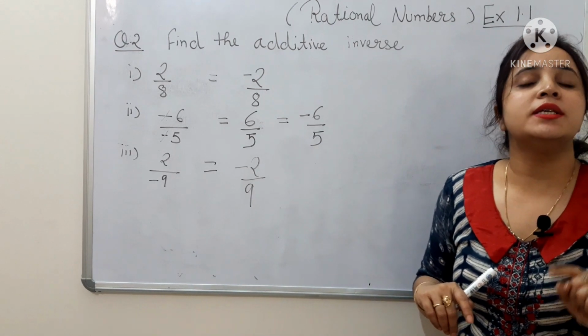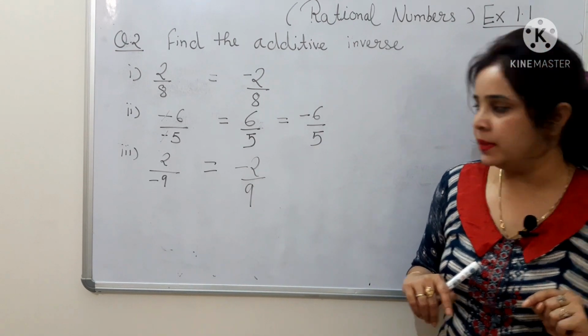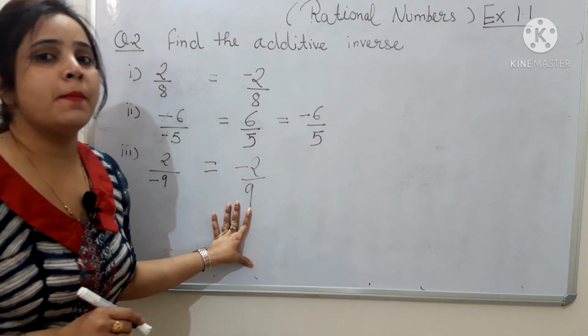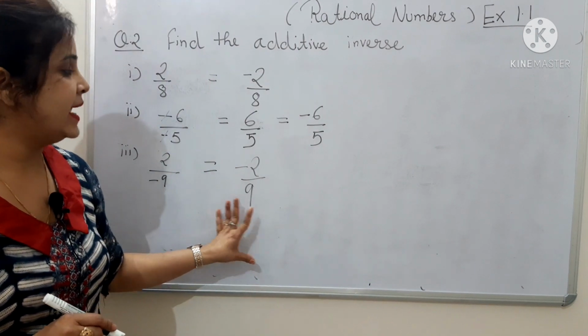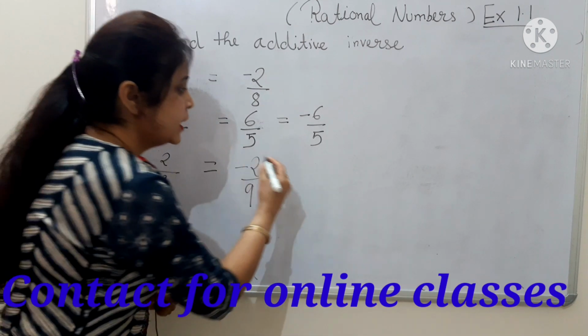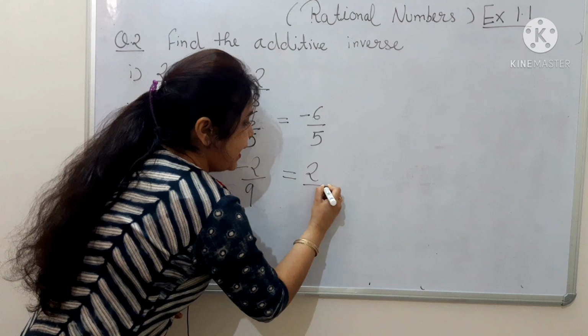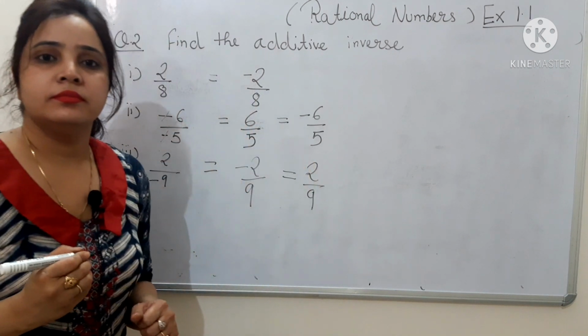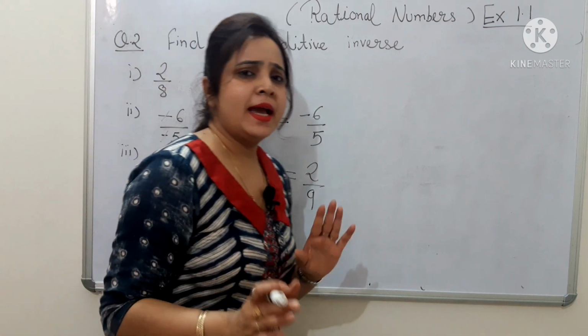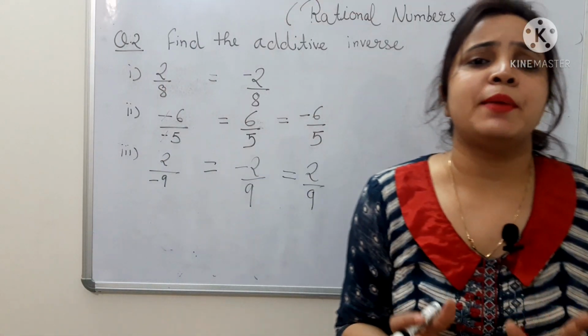And that is called the standard form of the rational numbers. Okay. Now, what is the additive inverse of minus 2 upon 9? The additive inverse, so minus 2 upon 9 here will be 2 upon 9. Isn't it?